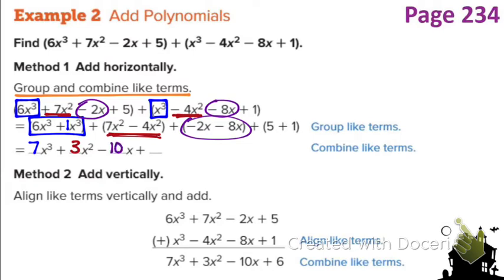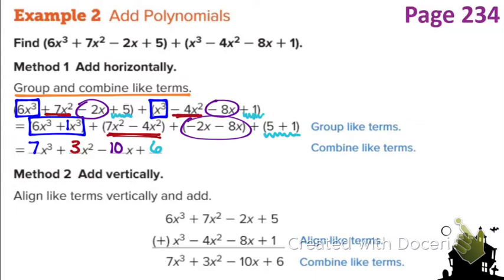So minus 10x. Are there any other terms that I need to combine together? The 5 and the 1, those are called my constants because they don't have any variables with them. When I combine those together, it gives me what? 6. So that's the horizontal method.